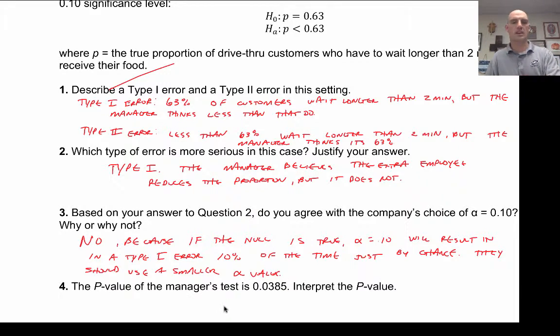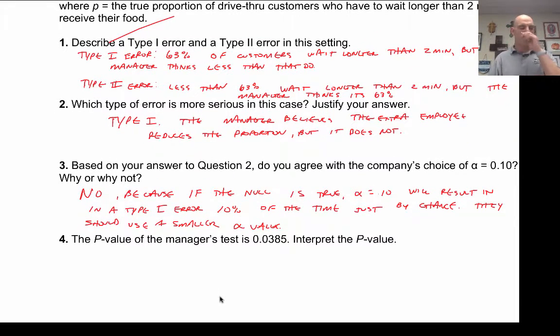The p-value of the manager's test is 0.0385. Interpret the p-value.